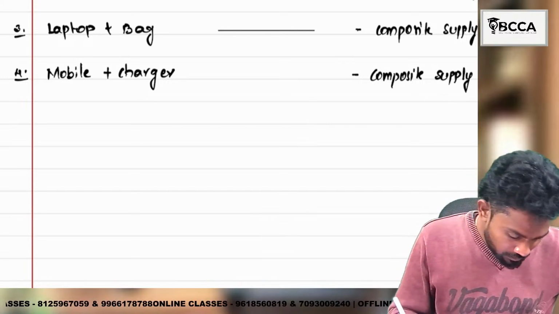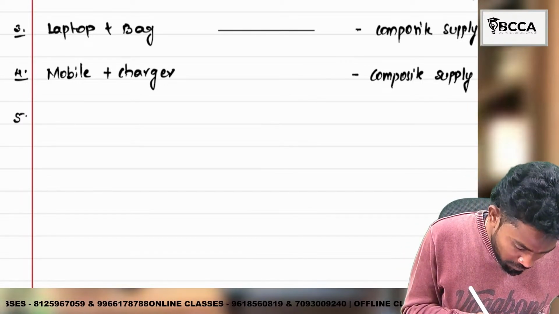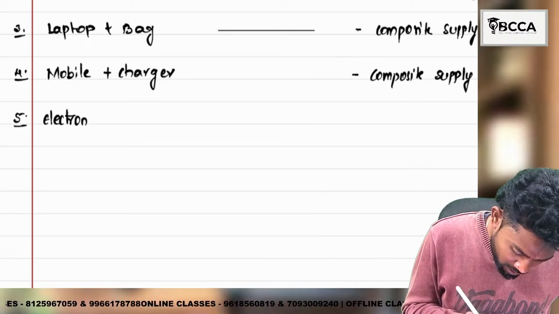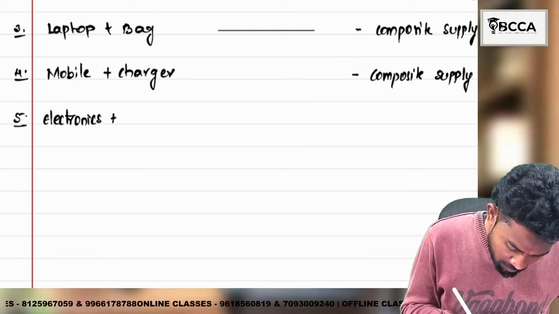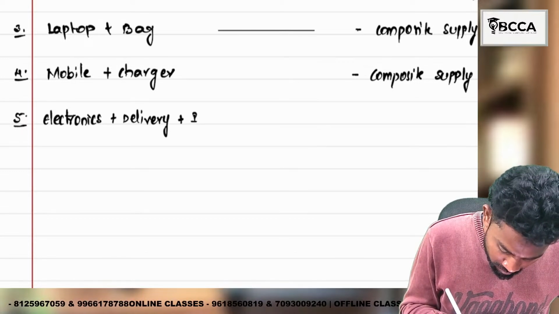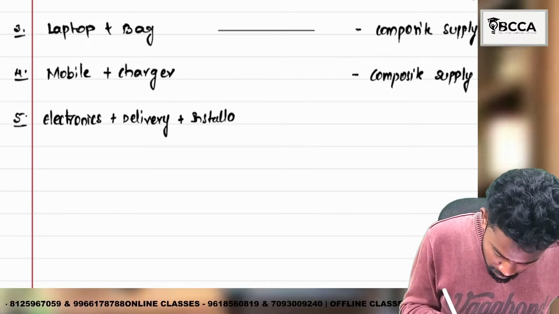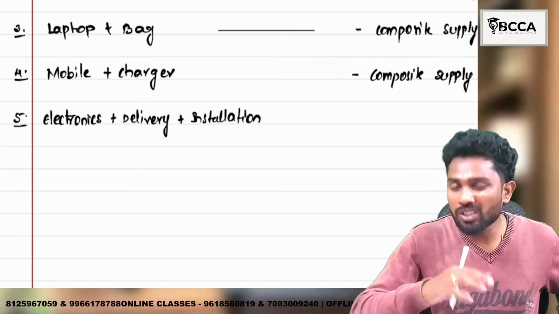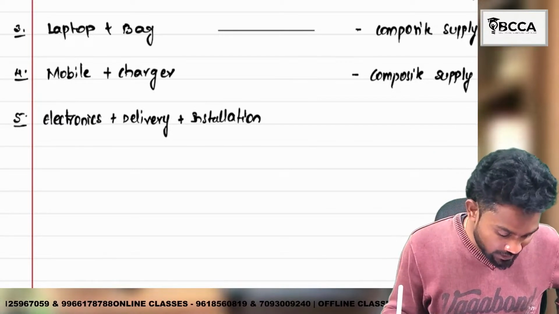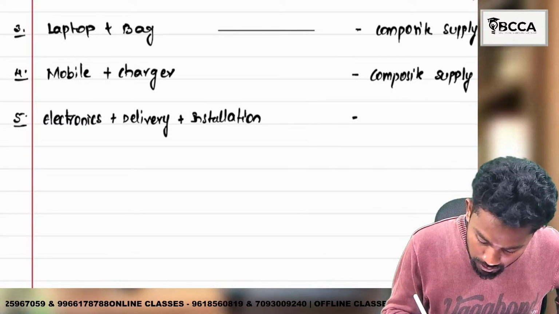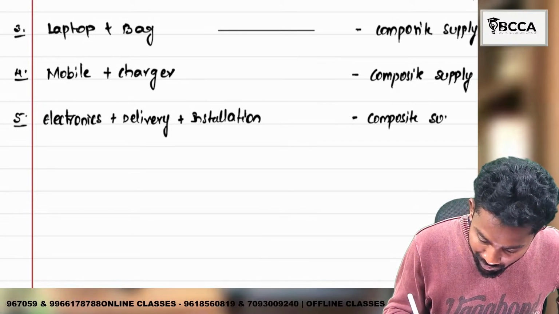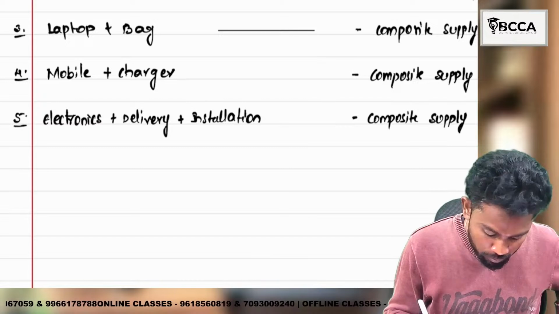Then electronics plus delivery plus installation. I mean electronics like TV, air conditioner, those kinds of things. Purchase, delivery and installation. Then that is composite supply.